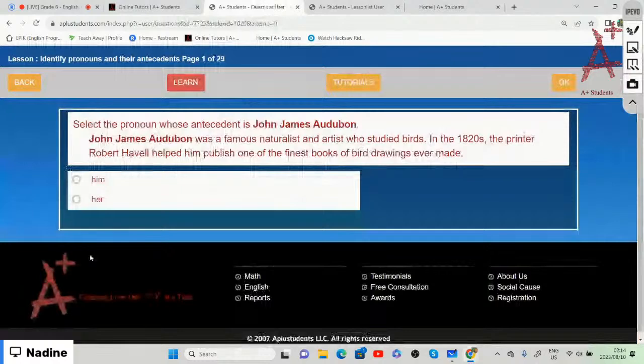So we need to select the pronoun whose antecedent is John James.